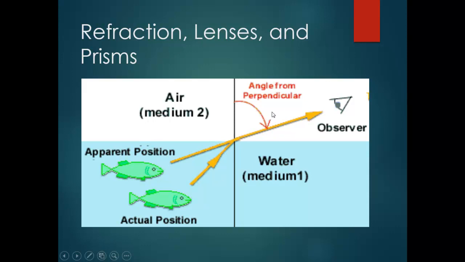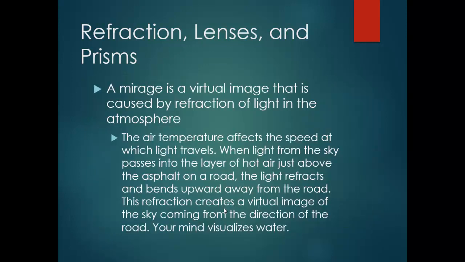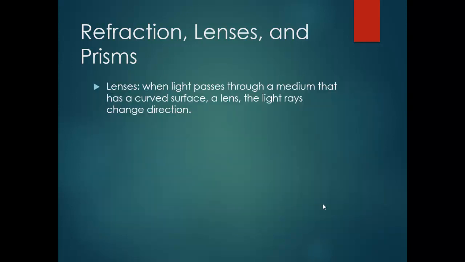The speed of light in air is different from the speed of light in water. So when we look at something through two different media, we can see the object in a different position.